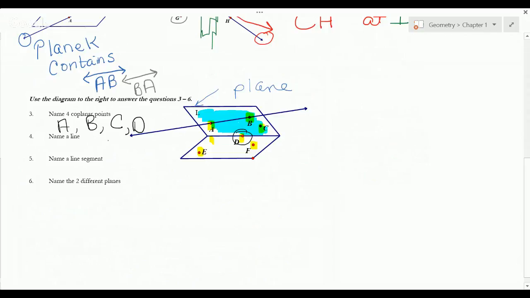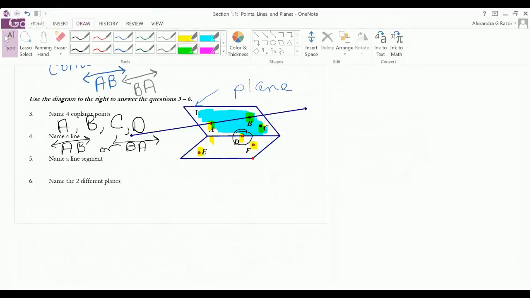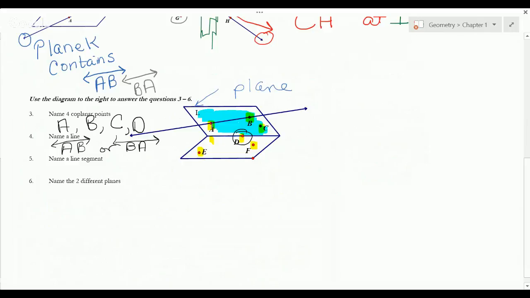You need the commas. So number 4, a line. A line has arrows going in both directions. And so it's my line right here. So it's line AB, and you have to put arrows above. Or you can write line BA. A line segment, I don't really see a line segment, but if I look at where there is a line, if you notice here, if I just start at A and go to B, that's a line segment.